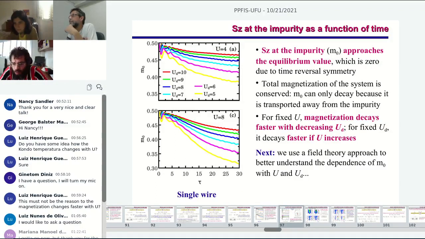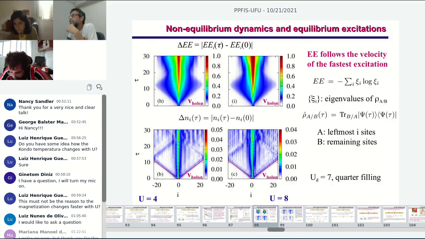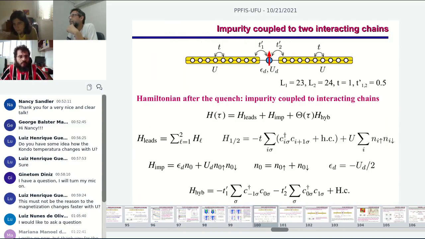Now, the other question is about the first part of the talk. Can you say something about the physical meaning of that parameter J star?